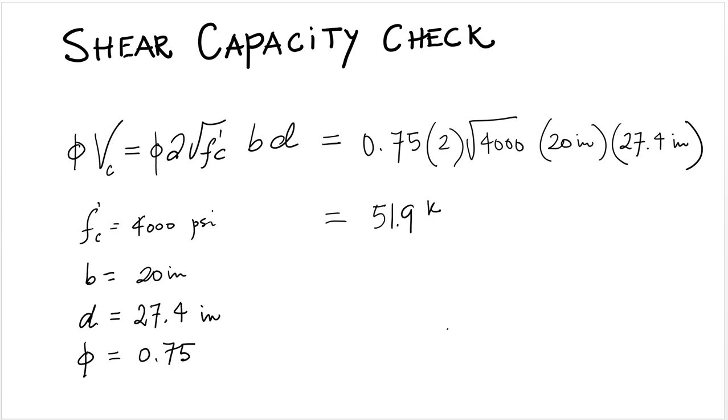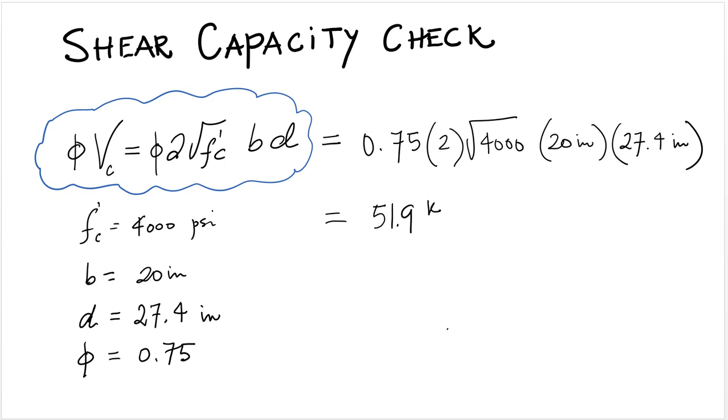But before we do that, let's do a shear capacity check. This is to determine if we need additional reinforcement for shear. In this case, we're going to compute phi Vc, which is the shear capacity provided by concrete. As long as we provide the minimum shear reinforcement, we can use this concrete capacity, 2 square root f'c bd.